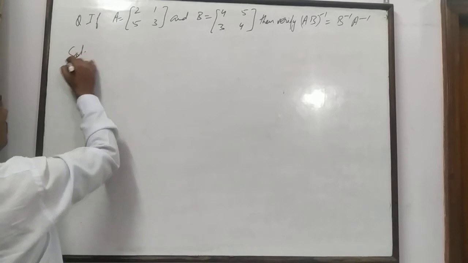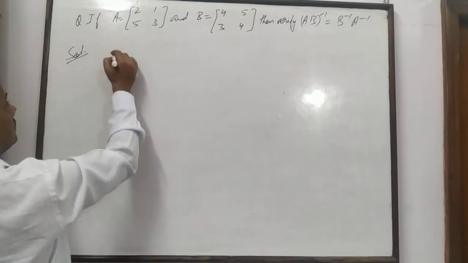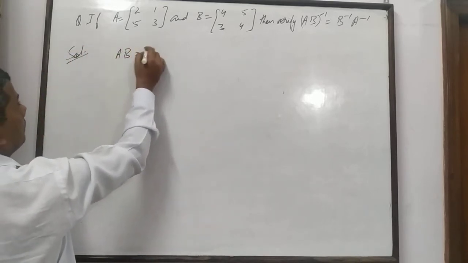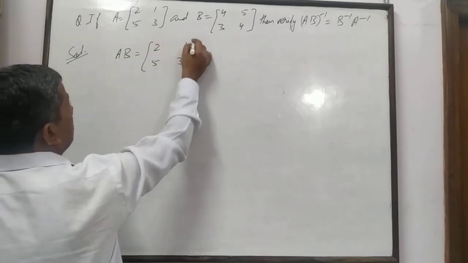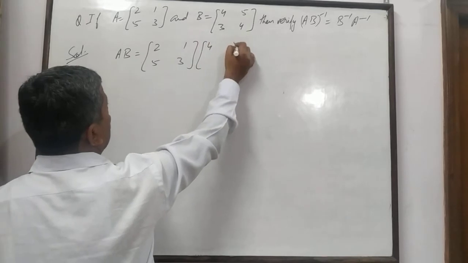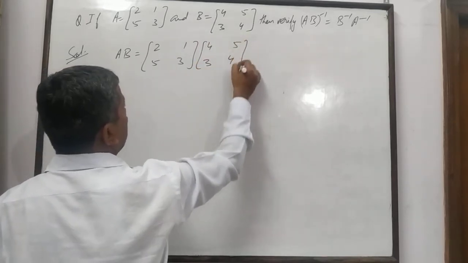Solution. First of all, let's find out AB. That is [2 1; 5 3] multiplied by [4 5; 3 4].